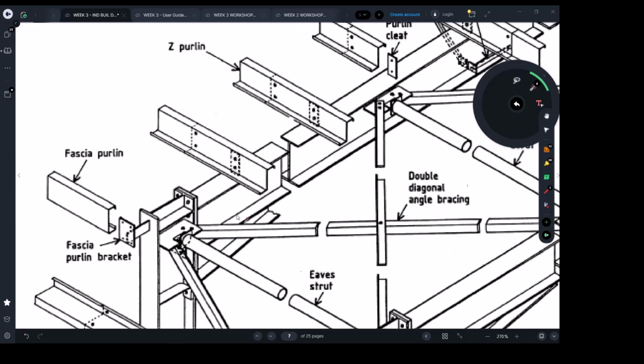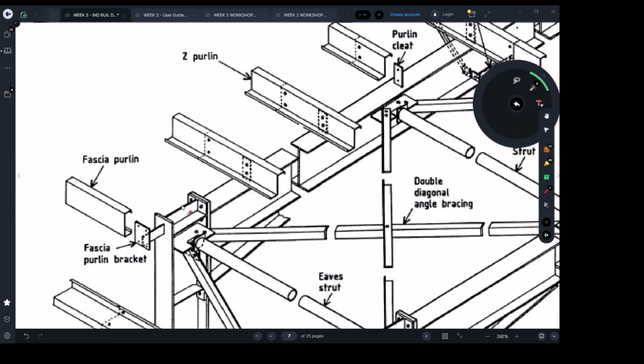Just to talk about this as well, the steel materials we use for the purlins or the girts are actually lighter. We call them cold formed steel. Basically, there are two main types of steel in the construction market: heavy steel and lightweight steel.